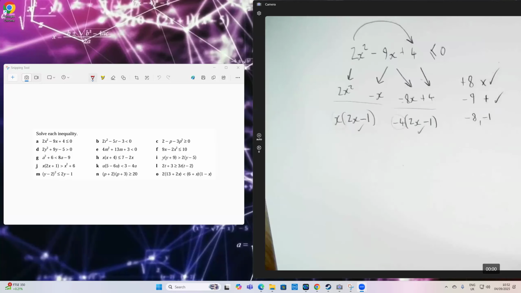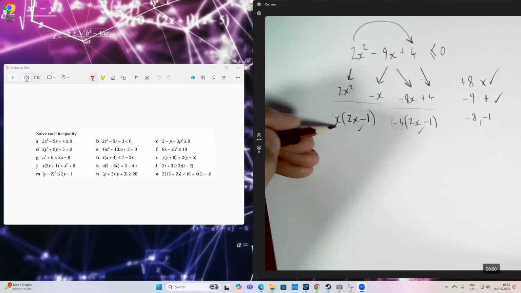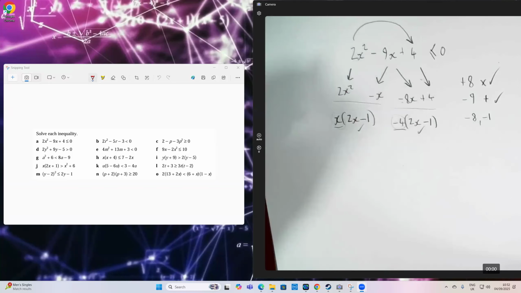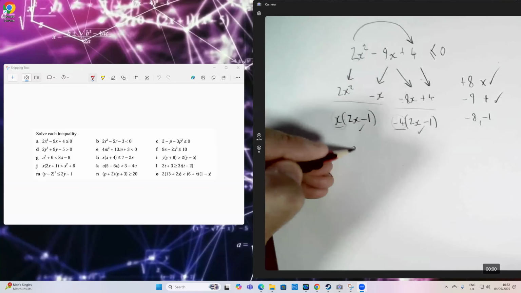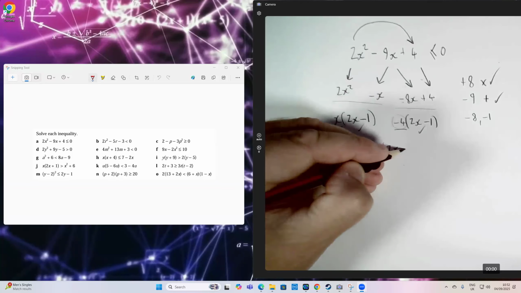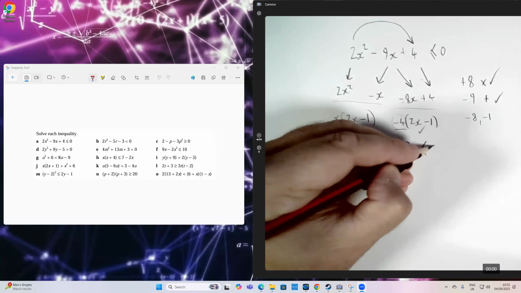Because they both say 2x minus 1, we know that we're on the right track. And then what's written in front is the other bracket. So we're essentially going to factorize out the 2x minus 1 from that whole expression, and we'd be left with x minus 4 times 2x minus 1 is less than or equal to 0.